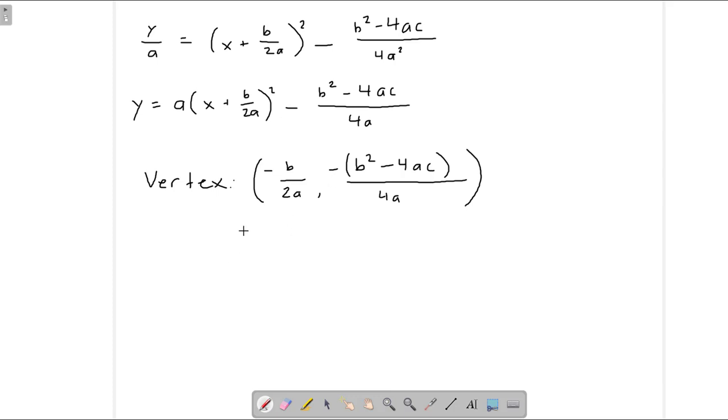Or, alternately, you can just take this x-coordinate, because this is the x-coordinate of your vertex. Negative b over 2a. And whatever your original function was, in general form, ax squared plus bx plus c, you can just plug this in into your f of x.